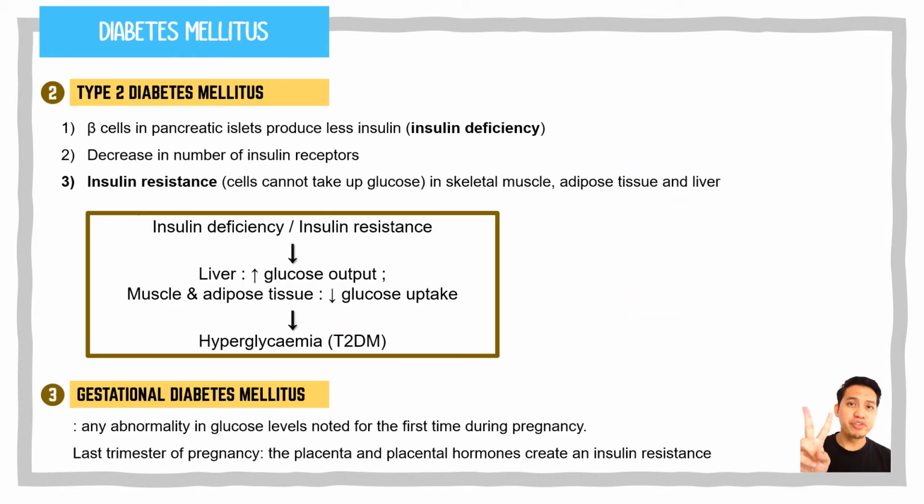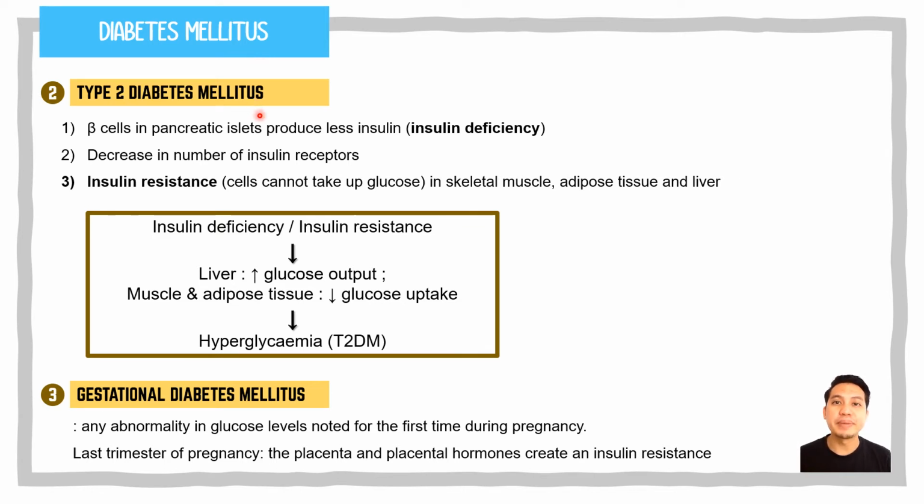There are two main factors for type 2 diabetes: the beta cells produce less insulin, or insulin resistance happens in the skeletal muscle, adipose tissue, as well as in the liver. This induces hyperglycemia. Older patients, especially those with obesity, have a high tendency to develop type 2 diabetes mellitus.